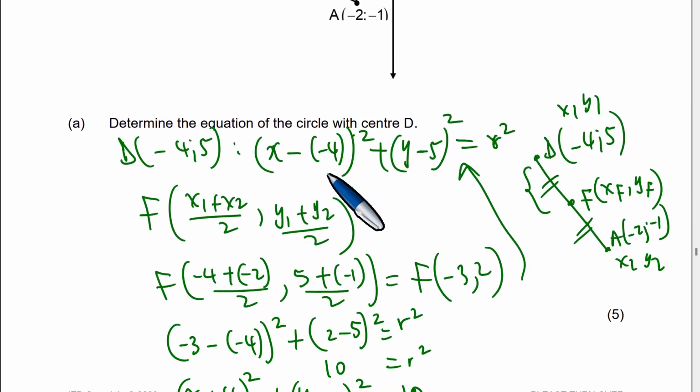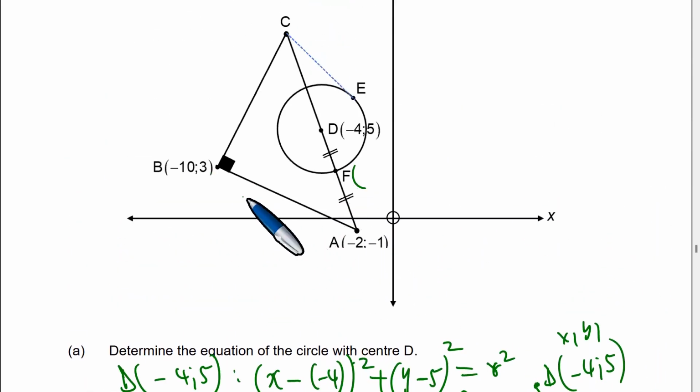There are many ways to find the coordinates of C, so let's find the gradient first. Let's find the gradient of AB.